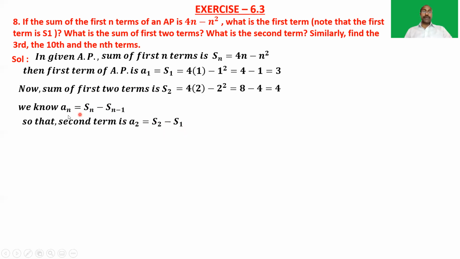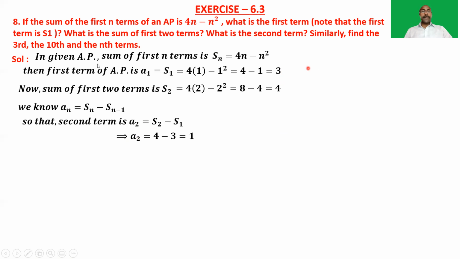By substituting n is equal to 2 in this formula, we get A2 is equal to S2 minus S2 minus 1, that is S1. And we have S2 is equal to 4 and S1 is equal to 3. So A2 is equal to 4 minus 3, which is equal to 1. So now we got the second term also.